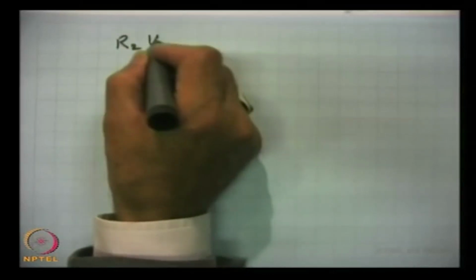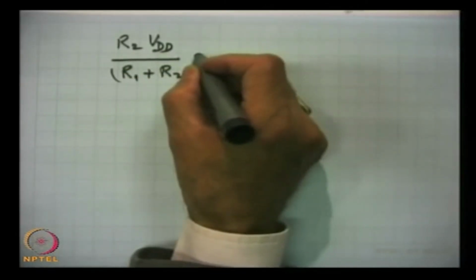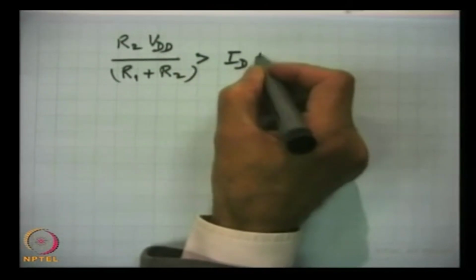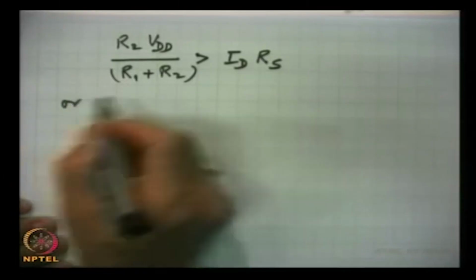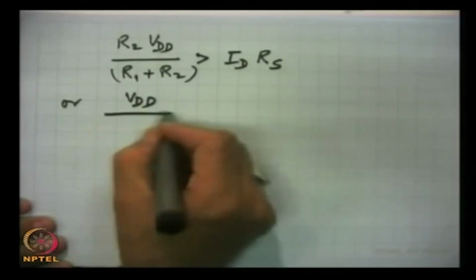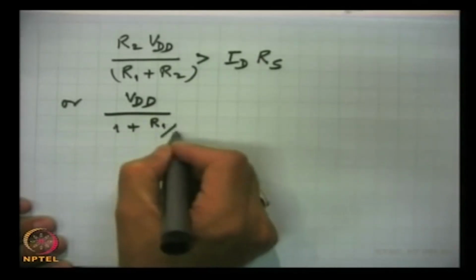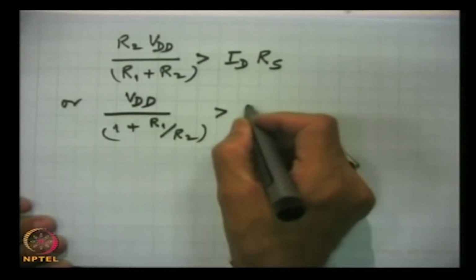So, when we substitute the value, we get R2 VDD by R1 plus R2 should be greater than ID RS, or VDD by 1 plus R1 by R2 should be greater than ID RS.